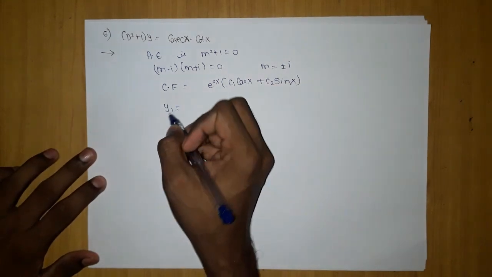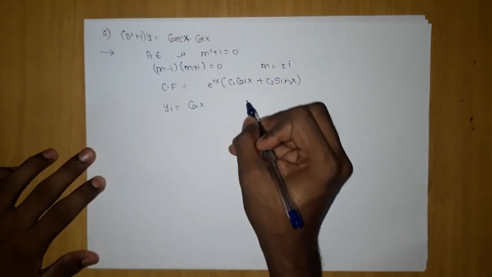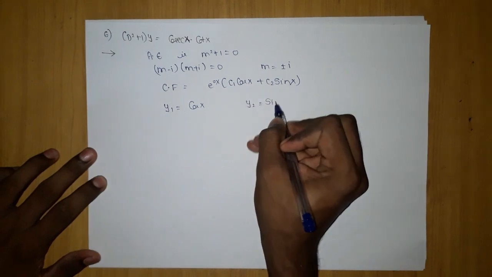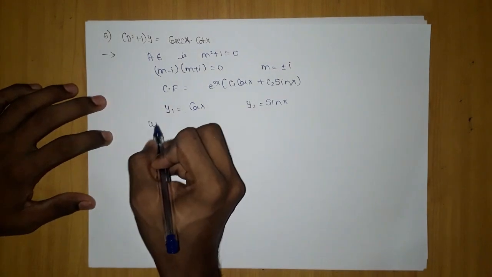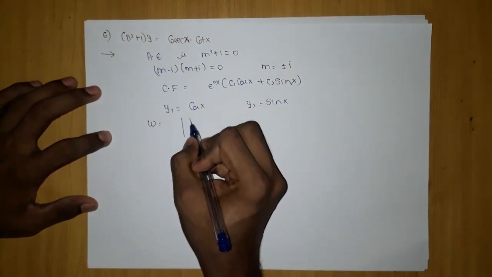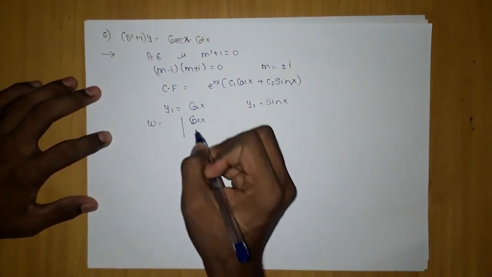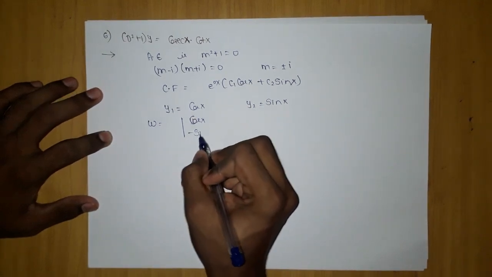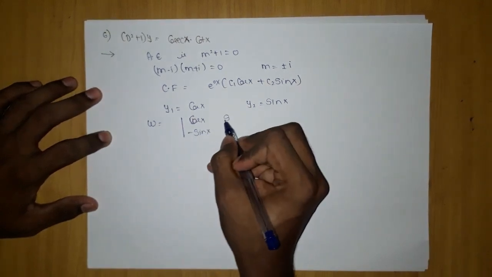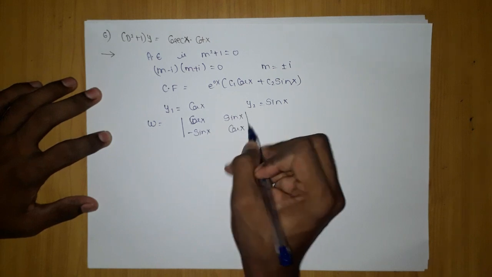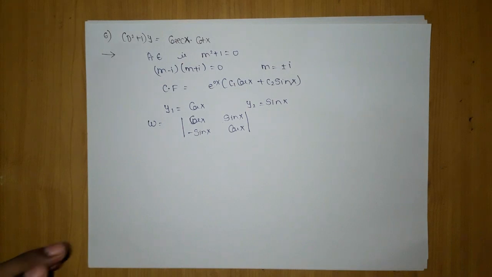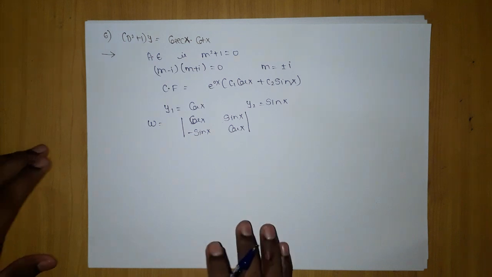So my y1 is nothing but cos x, my y2 is nothing but sin x. I need to get my W first, the Wronskian, which is y1, cos x, and differentiated, minus sin x; y2, which is sin x, and differentiated, cos x. Now in this case everyone will take y1 and y2 the same, because in complex roots y1 and y2 cannot be changed.